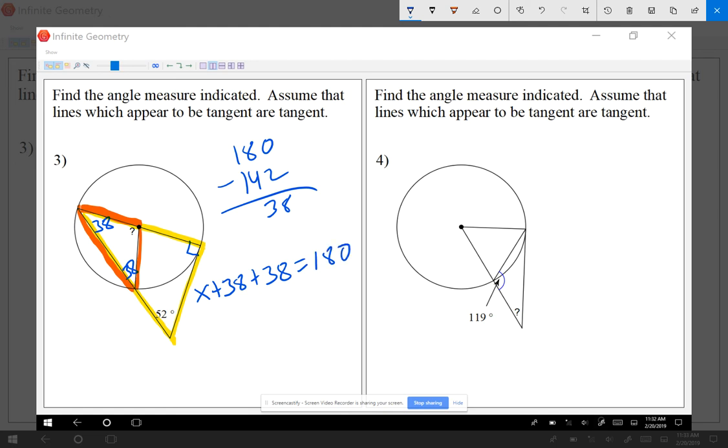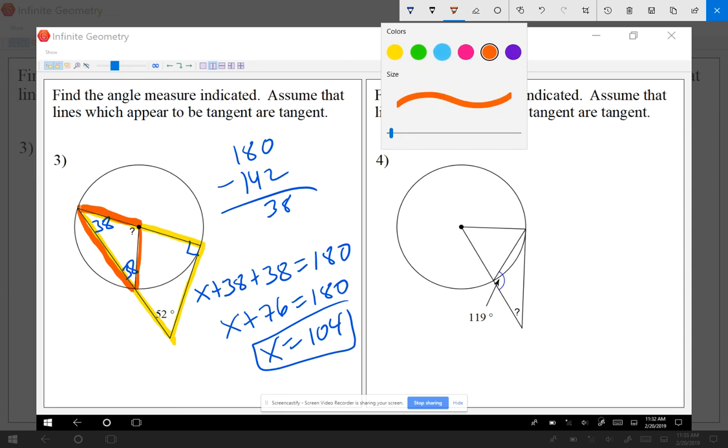Combine your like terms, we have x plus 76 is equal to 180. Now subtract 76 from each side. X equals 104.